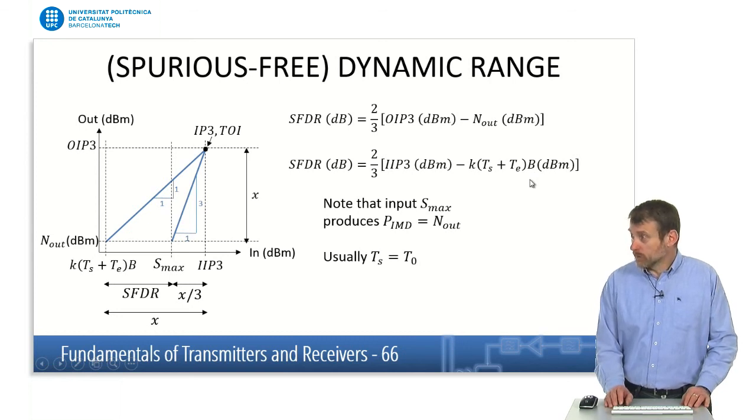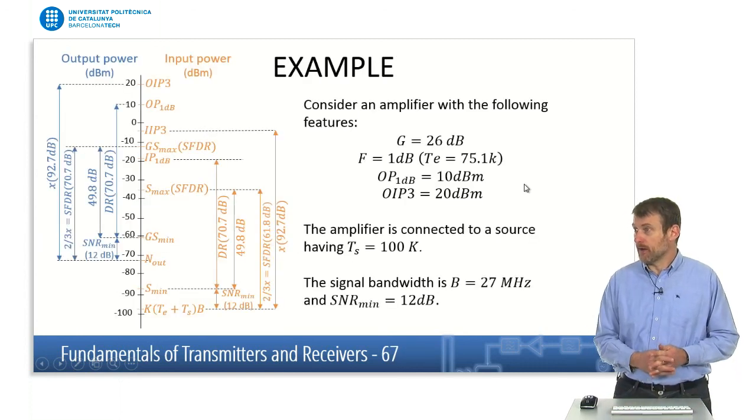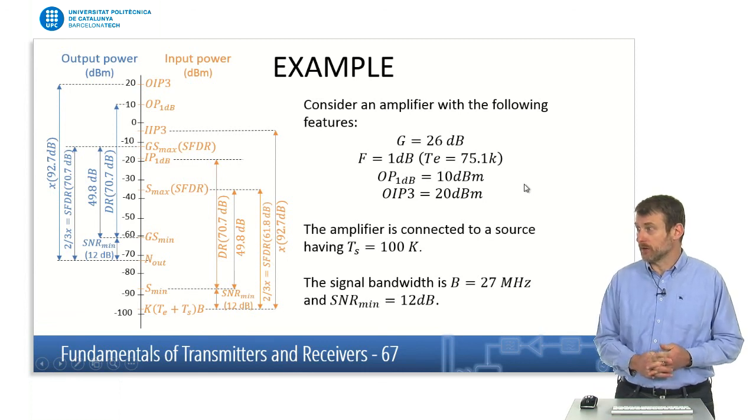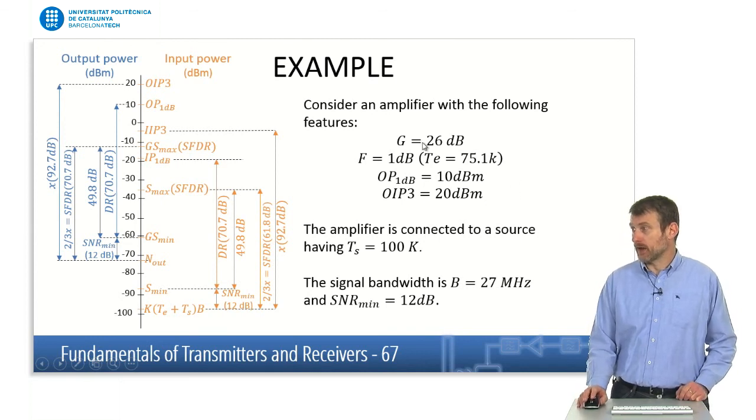And to conclude, let me set an example, right? I put all these figures related to the dynamic range for an amplifier. This is a commercial amplifier having these features. The small signal gain is 26 dB. The noise equivalent temperature is 71 Kelvin.